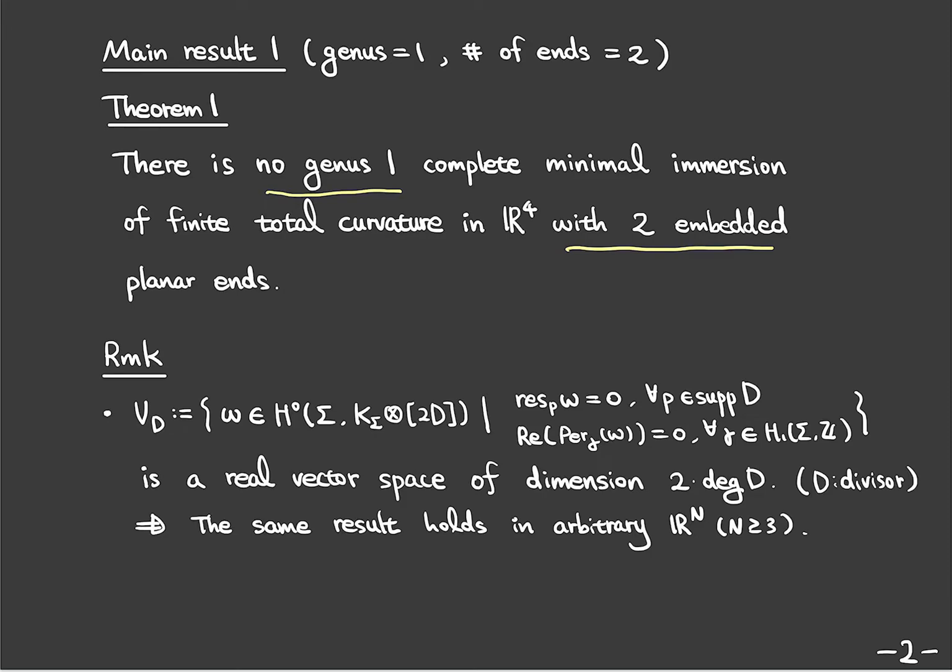As a remark, consider V_D for a given divisor D. Here, for example, consider D as follows. Then it is well known that V_D is a real vector space of dimension 2 times the degree of D. So V of P1 plus P2 is a real vector space of dimension 4.